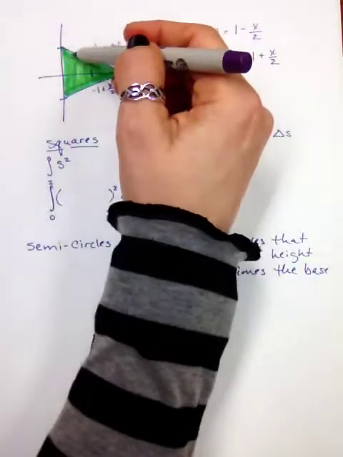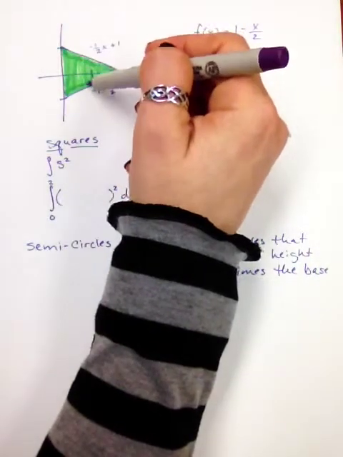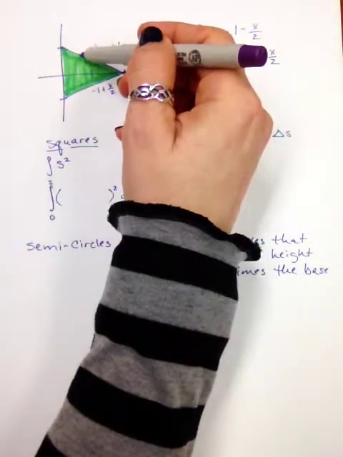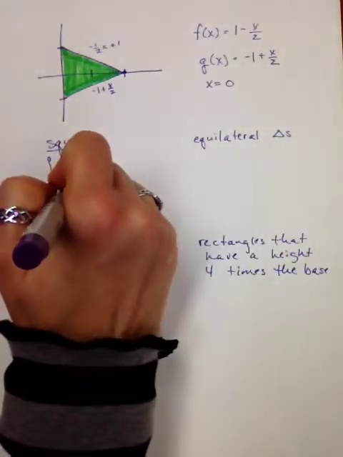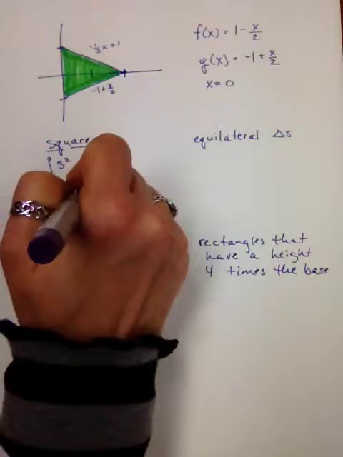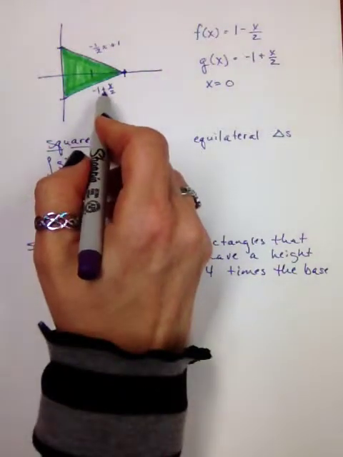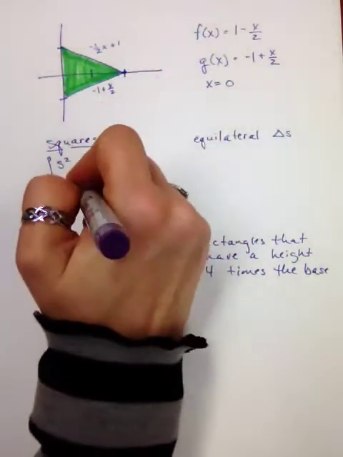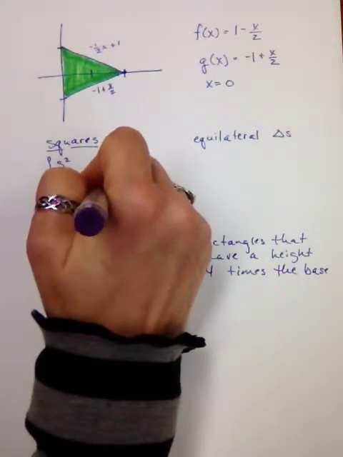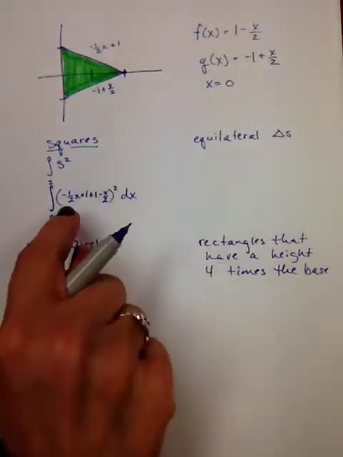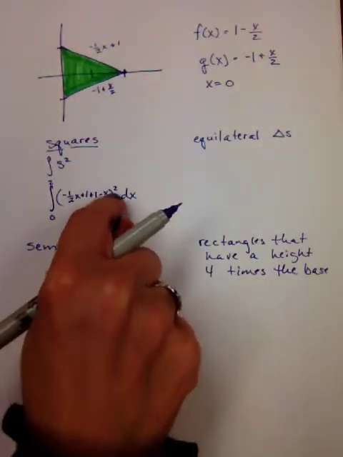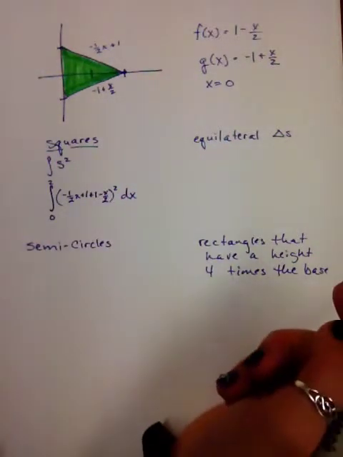Now I know that the side length is the distance between these two lines, and you find that by finding the more positive function and subtracting the less positive function. So negative 1 half x plus 1, and I'll subtract negative 1 plus x over 2. So plus 1 minus x over 2. I'm distributing the negative. You could simplify this down, square it, take the integral, but I'm more interested in setting them up right now.